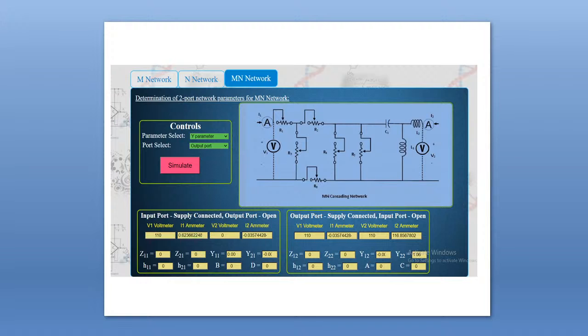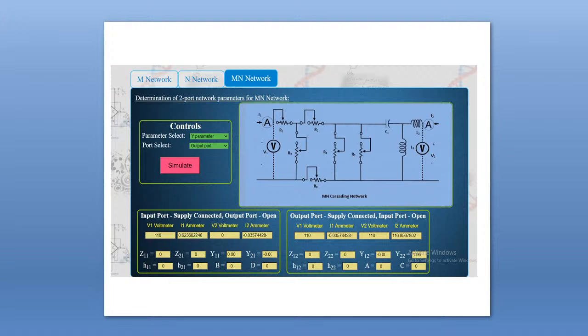I think y11 is not equal to 0. It will be a non-zero value, very small, but not exactly 0. This will be 0.00 something. Arijit, please check the value of the y11 parameter.